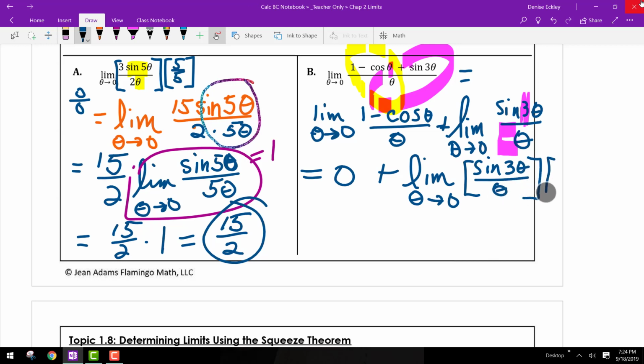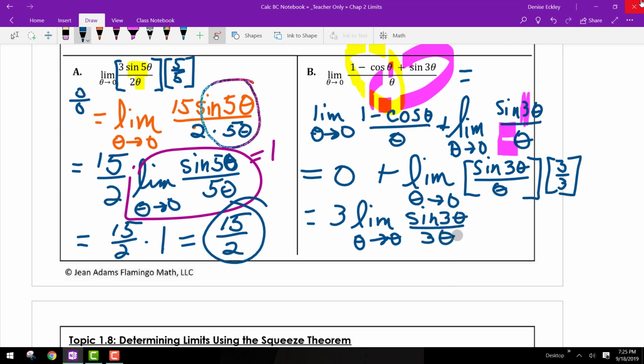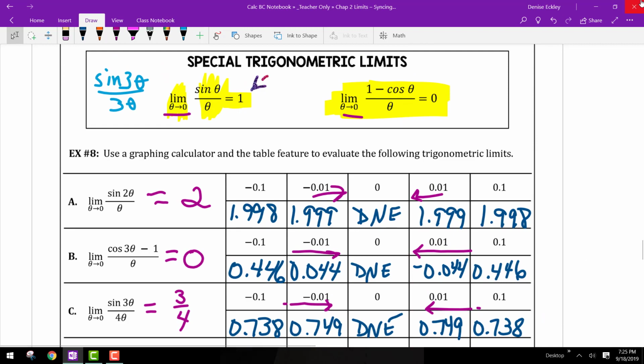I'm going to get 3 times the limit as theta approaches 0 of sine 3 theta over 3 theta. And so I'm going to have 3 times 1, which is 3. That's a nice trick to use, so you want to make sure that you take the time to learn these two special trig limits.